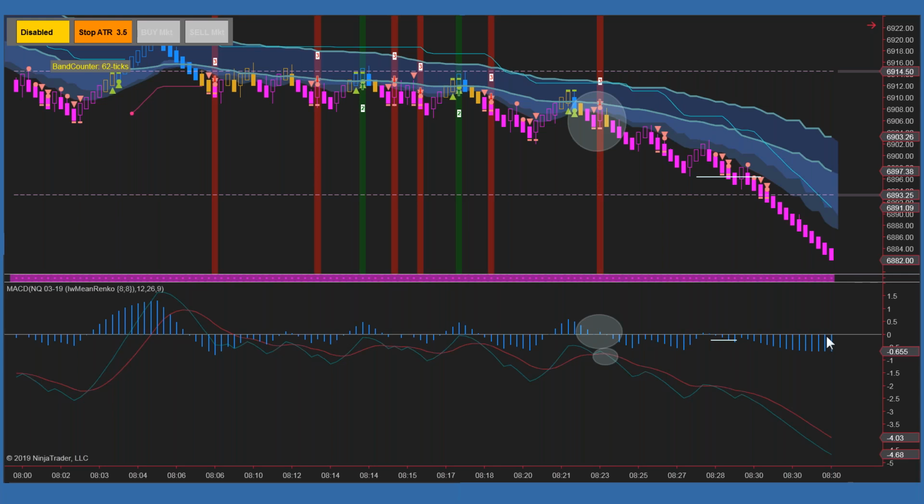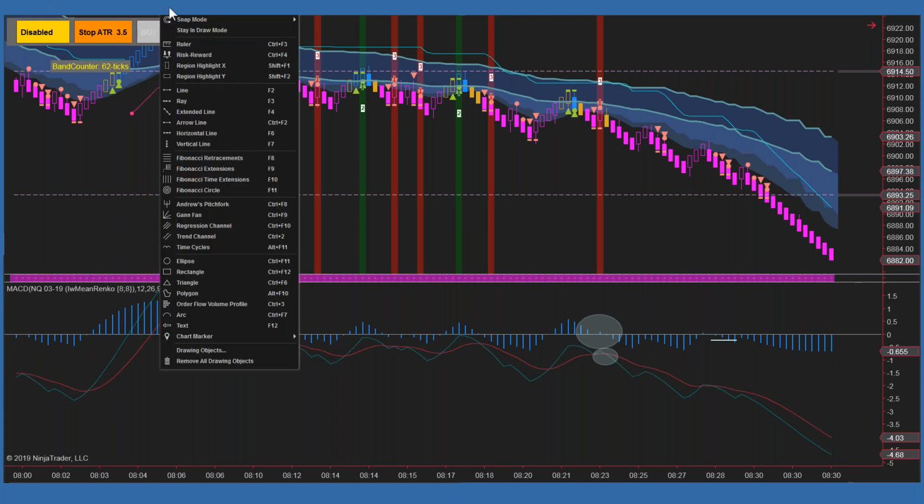So keeping a lookout on your MACD histogram and waiting for the trend to resume can be a great opportunity to try to get back into the market when a trend is established. Okay, what about those times that we don't have trends?